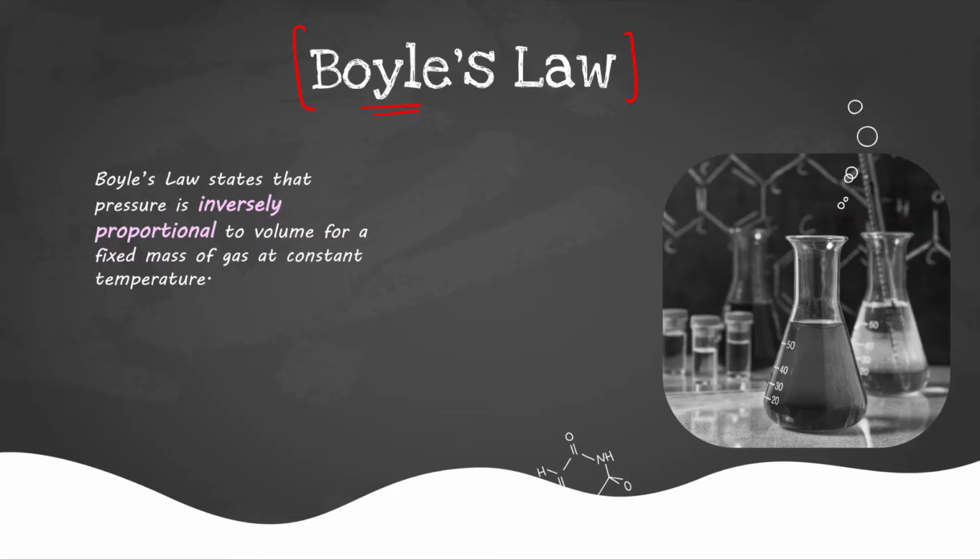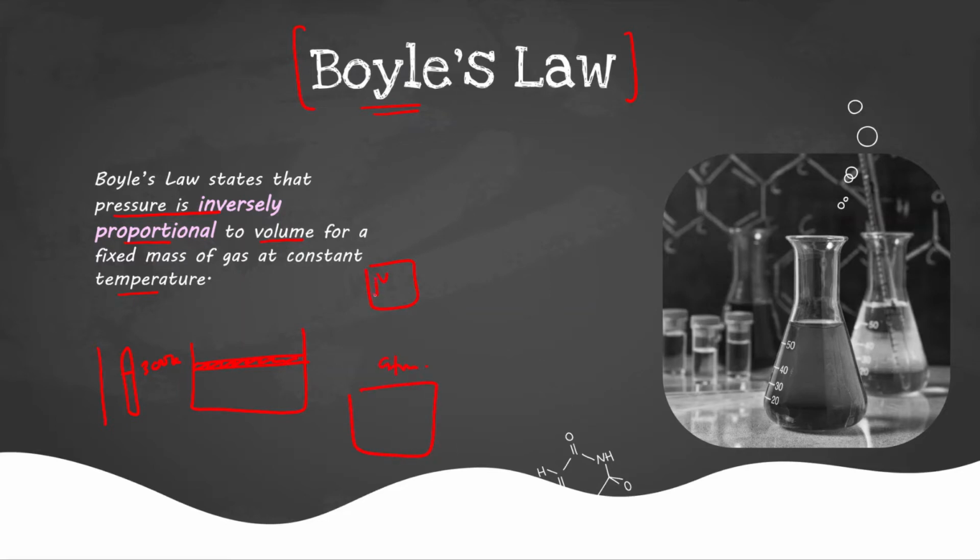So Boyle's law, he is talking about pressure is inversely proportional to the volume for a fixed mass of gas at constant temperature. We also see this just now yang saya tunjuk tadi tu, bila these gases, bila saya temperature dia constant, contohlah 300 Kelvin, and then kat sini ada volume kan, kat sini ada pressure tadi kan, ATM tu.